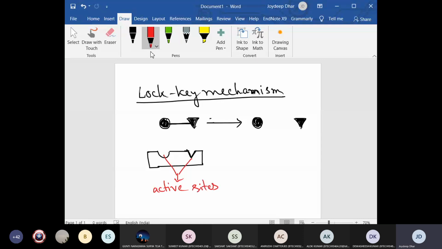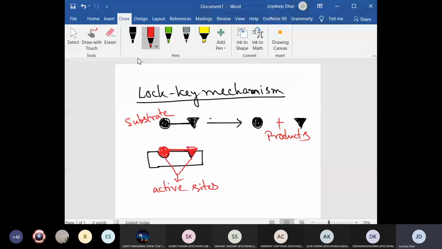You can see the active site is exactly matching the substrate structure. So this is the substrate, and these are your two products. When the active site matches the substrate, only then will the reaction start.